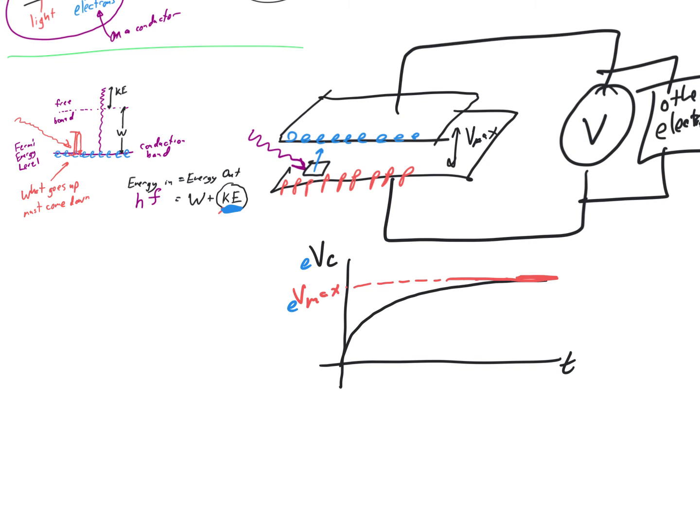In other words, hf is equal to the work function plus the charge of an electron multiplied by Vmax. This is usually rewritten to be eVmax equals h, Planck's constant, multiplied by the frequency of the light, minus the work function.